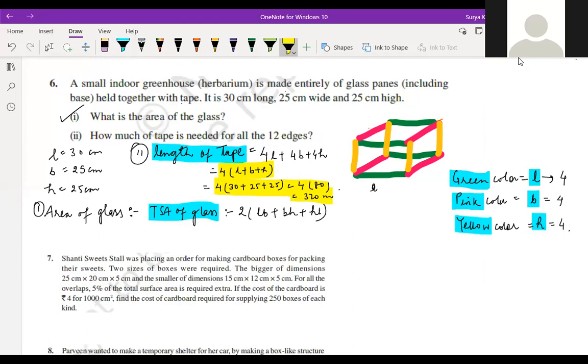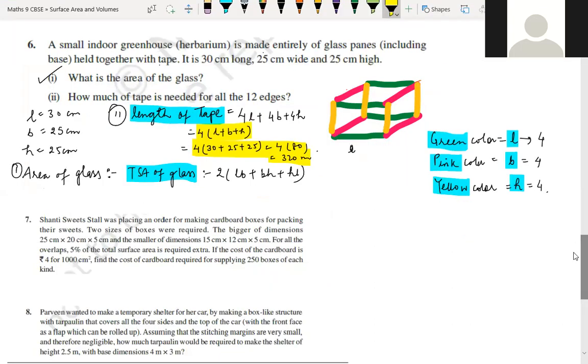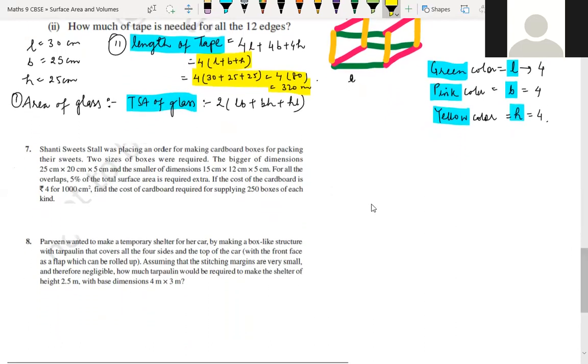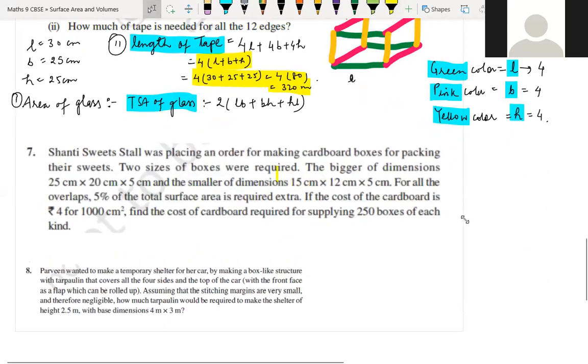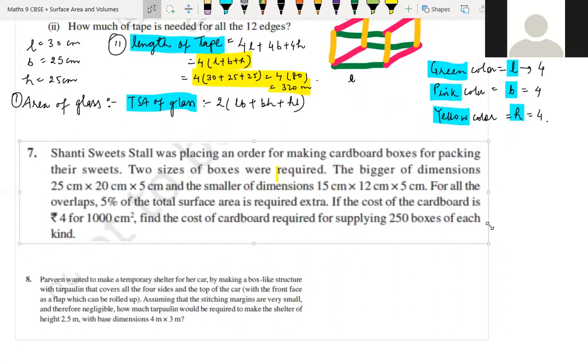Now the next question. I'm just giving a hint, okay, children. The 4th and 5th questions I'm giving as hints. You can do it from home, okay?